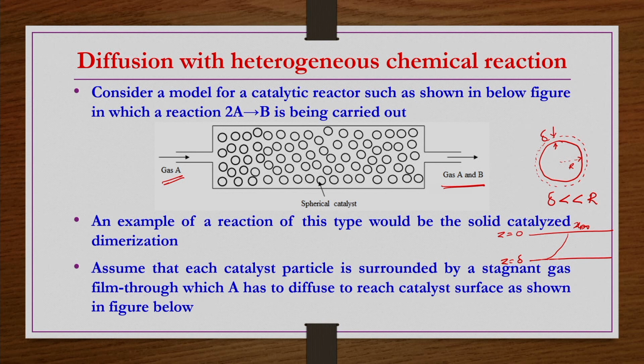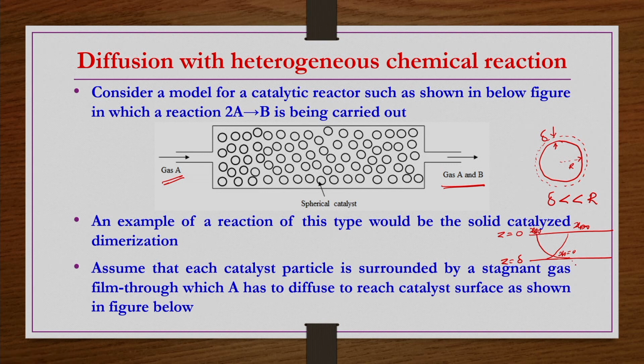So, then at the catalyst surface Xa would be 0 if it is an instantaneous reaction. We are going to take both the cases anyway. Whereas Xb is very small at the film boundary, that is Xb naught, we are calling it. Actually this is forming at the catalyst surface and then diffusing into the bulk gas film like this.